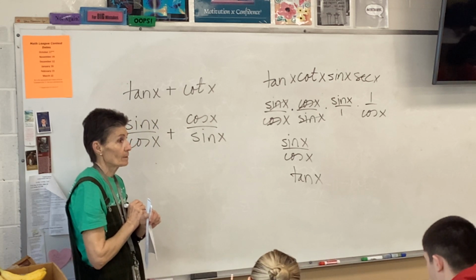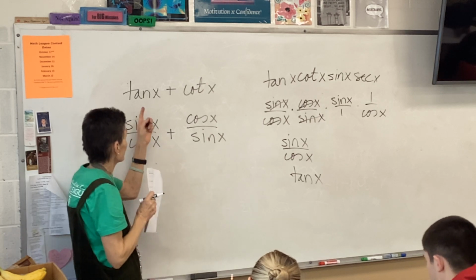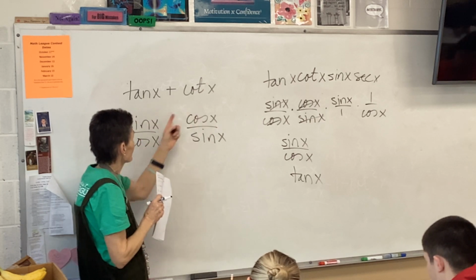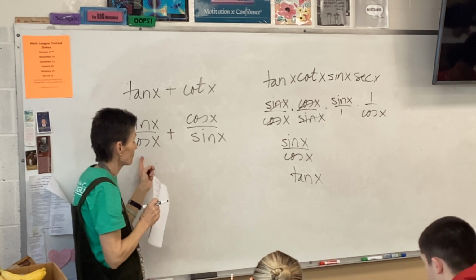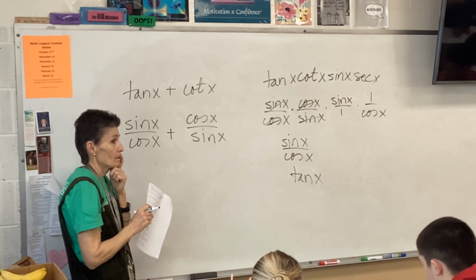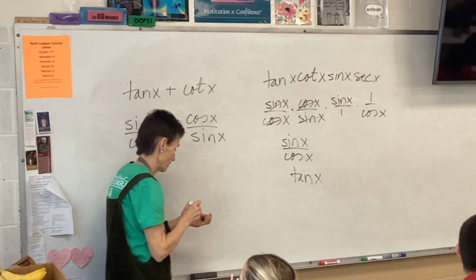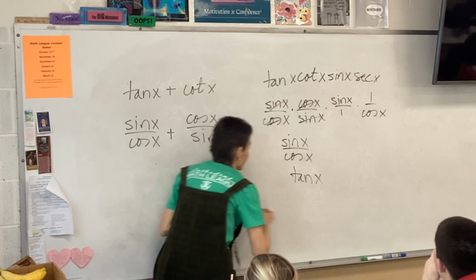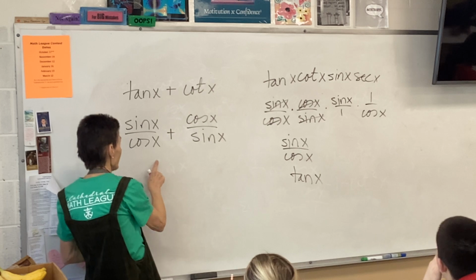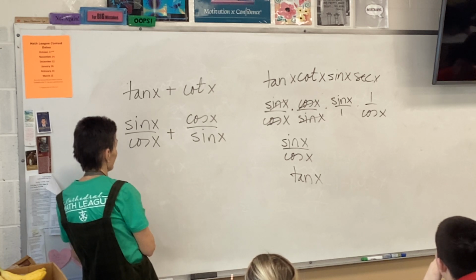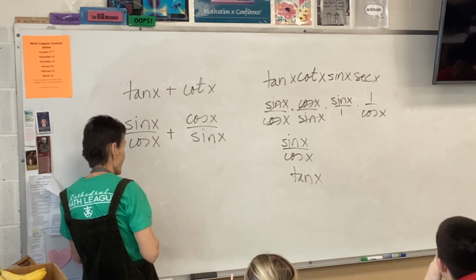Okay? So I am adding these two things together. How do I do that? I need a common denominator. And what will my common denominator be? It'll have to be sine and cosine both.